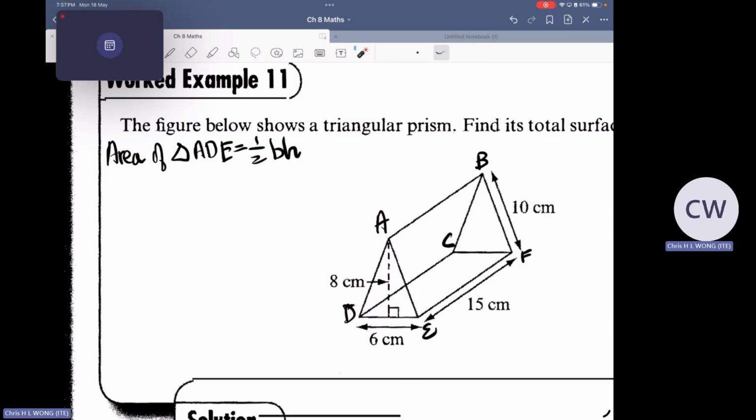What is the base? 6. What is the height? 8. So straightforward. So equals half times 6 times 8, that gives you 24 cm squared.